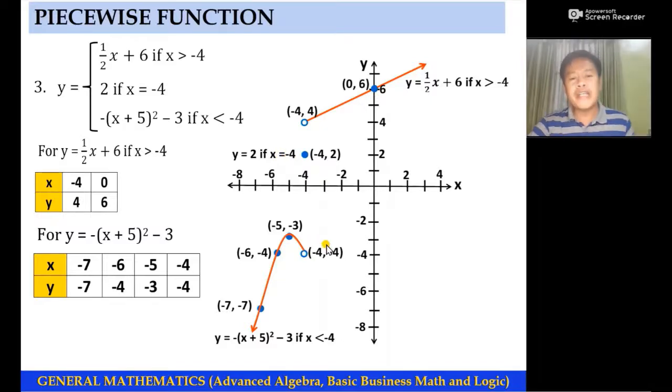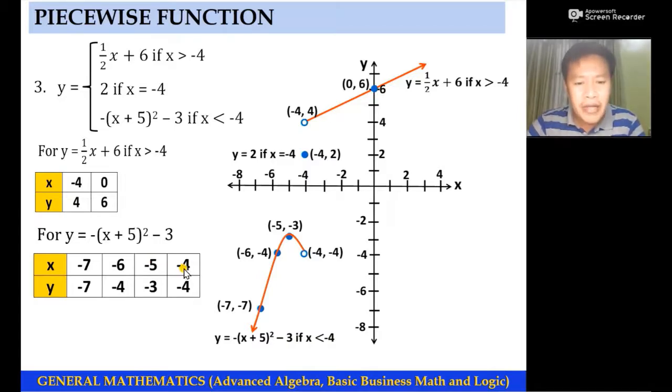And this is the graph of a point function y is equal to 2 if x is equal to -4. Now, we will proceed with the third subfunction, which is a quadratic function. And since that our quadratic term is negative, our parabola opens downward. And the third subfunction is given by negative x plus 5 quantity squared minus 3 if x is less than -4. We are going to have this table of values.